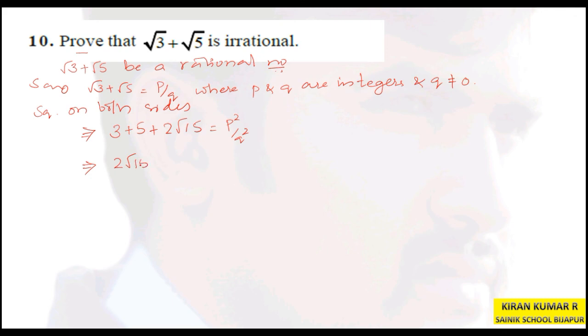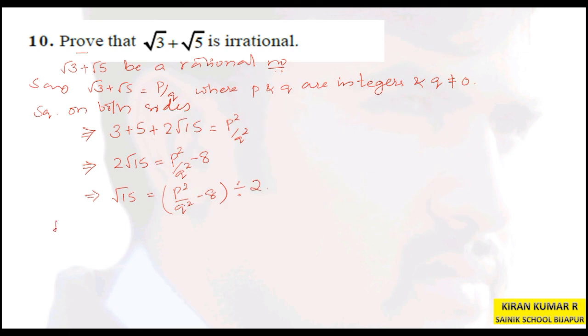I'll retain this 2 root 15 towards left hand side, and the sum 3 plus 5, which is 8, I'll transpose it to right hand side. Further, on simplification, I get root 15 as p square by q square minus 8, divided by 2.